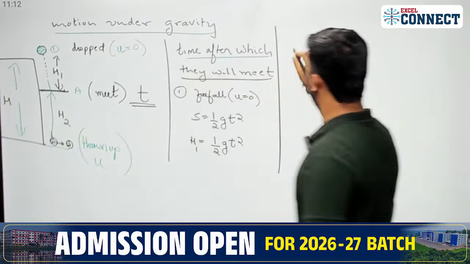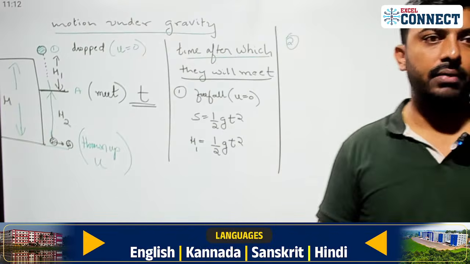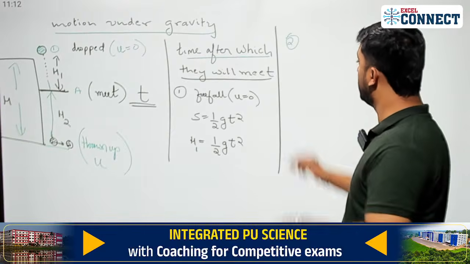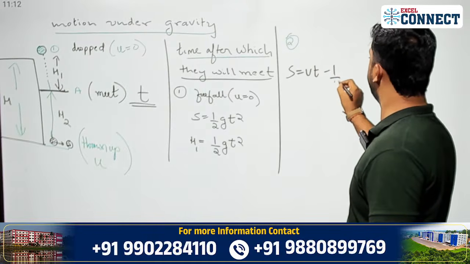What is the distance formula for the second ball? The second ball is thrown up. So the distance formula can be written as ut minus half gt square.